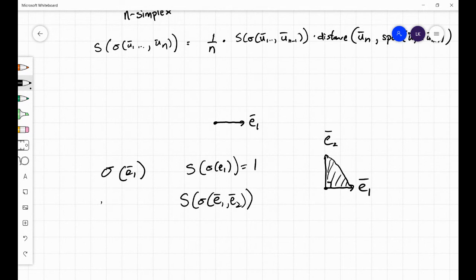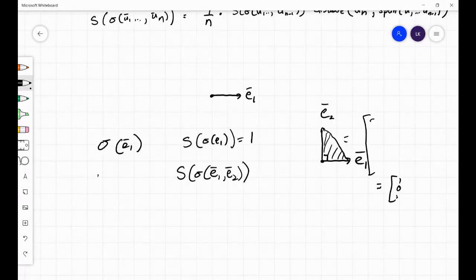E1 and E2 are known to be perpendicular, correct? The elementary columns. So because this is 2, you go 1 over 2 times the distance between E2 and the span of vector E1, the line through E1. It's just 1. And then times 1.